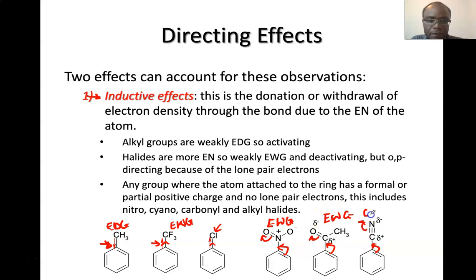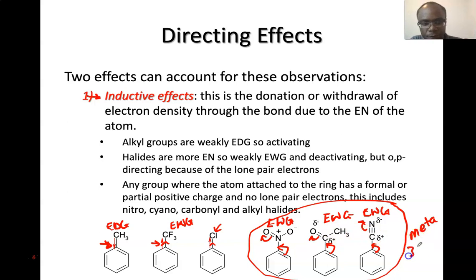So as a review, I would expect these three to direct the incoming electrophile, whichever reaction you're doing, to the meta position, position 3 or 5 of the ring. And like I said, the halogen is special. It's still going to direct ortho para even though it's electron withdrawing. And then this is electron withdrawing, so I'd expect it to direct the incoming electrophile to the meta position, 3 and 5.